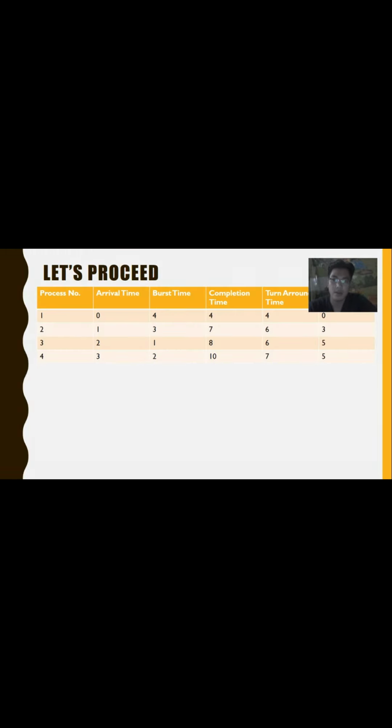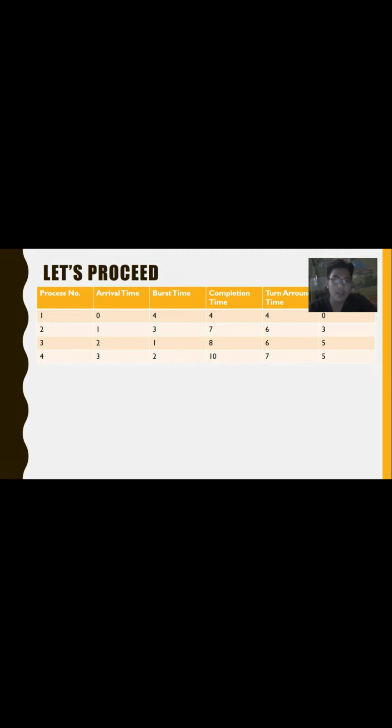Then let's proceed to the tabular presentation for computing the average time of first come first serve. In the tabular form, we have the process number, arrival time, burst time, completion time, turnaround time, and lastly the waiting time.